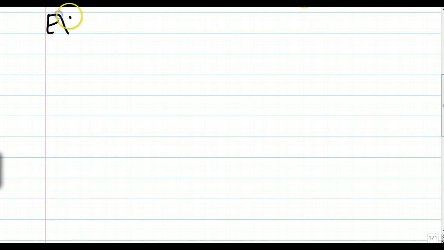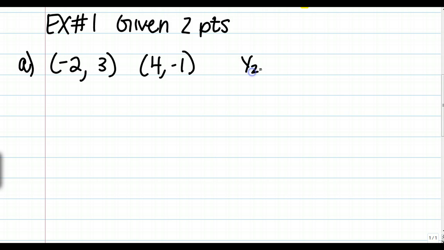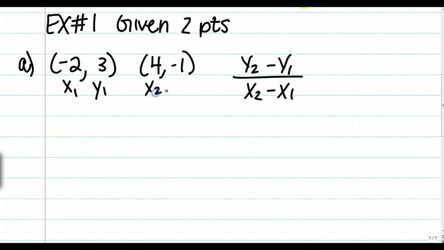Let's get into example number 1. If I gave you 2 points, and let's say the points were -2, 3, and 4, -1, you would have to use your y2 minus y1 over x2 minus x1 equation. So I would label these so that you don't forget which one is which, because it's easy to make a silly mistake. And then you would plug them in.